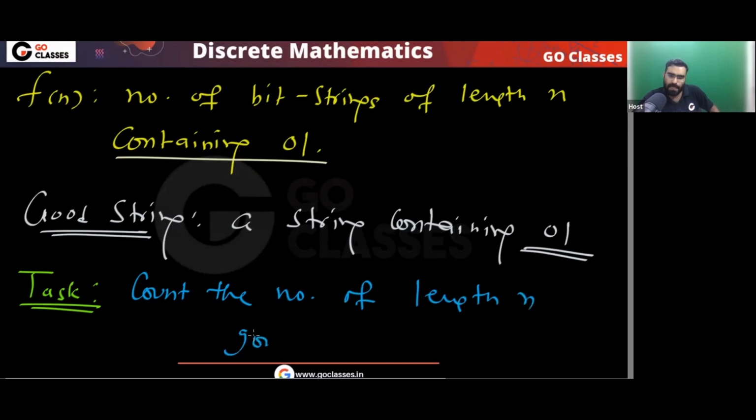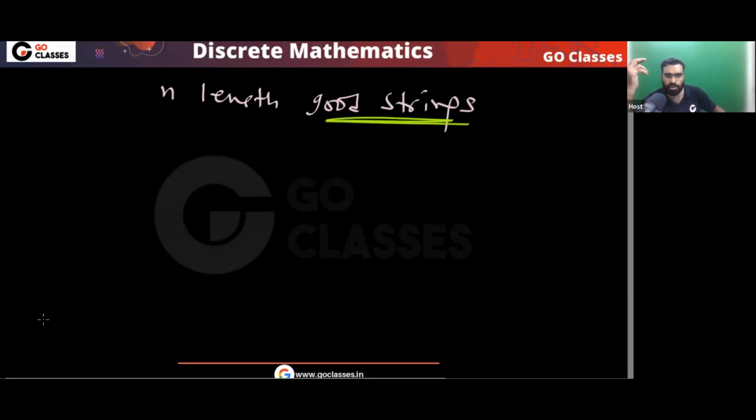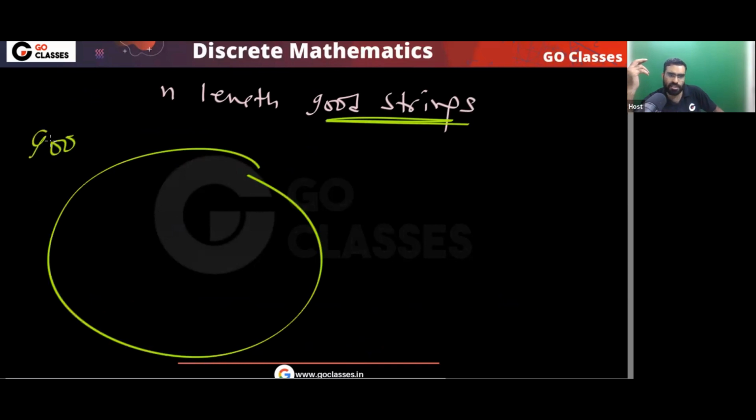Very simple. Good string means a string containing 0, 1. Now you completely focus on n length good strings. This is what I want to count.